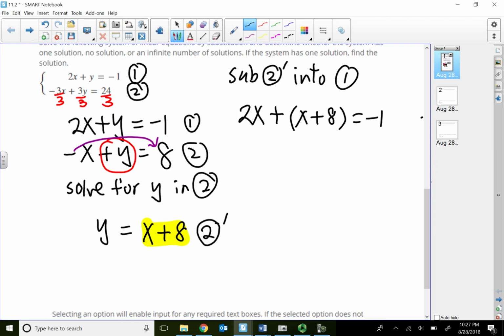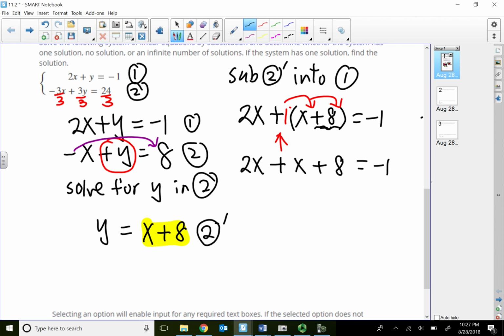That's why the first step is solving for one particular variable. Now I'm just going to solve this equation. So my second term has parentheses. This is positive 1 that will do the distribution. So 2x is still 2x, positive 1 times x, positive 1x, positive 1 times positive 8, still equal to negative 1.